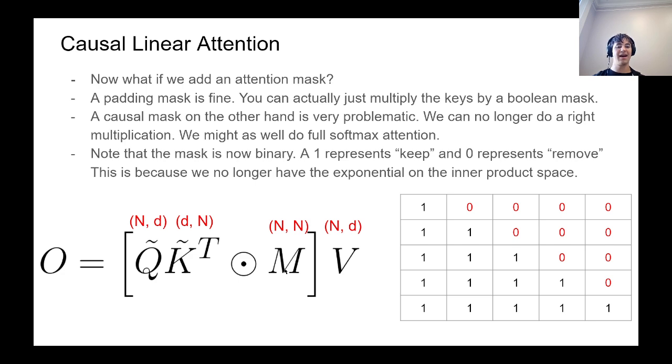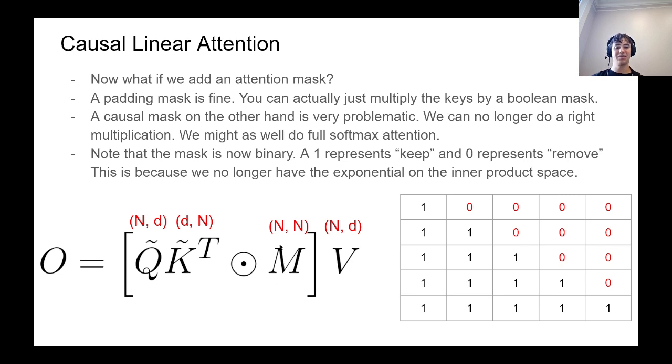You have to have an n by n mask. If this was a padding mask, it's fine. You just need to multiply the padding mask by the keys, and it's a vector instead. You can decompose the padding mask into 2 vectors. You cannot decompose this mask into 2 vectors. Try hard, it won't work.